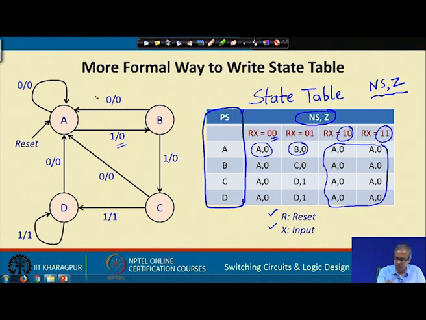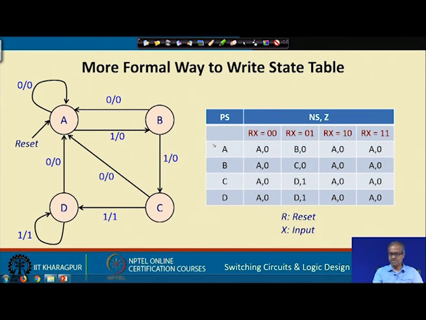From B, if it is 0, you go to A with output 0. From B, if it is 1, you come to C with output 0. In this way, you go on. From C, you go either to A or to D with output 1. From D again, you either go to A or go to D with output 1.